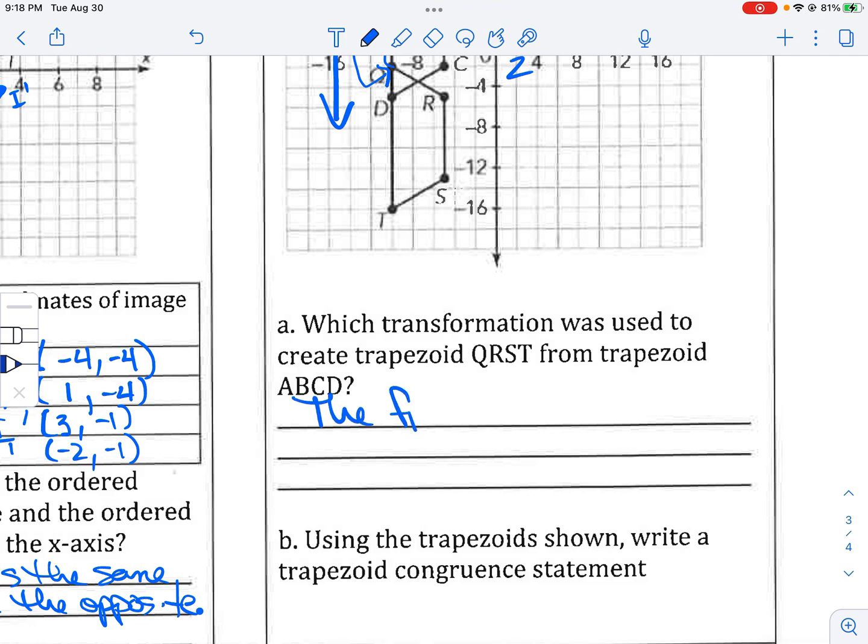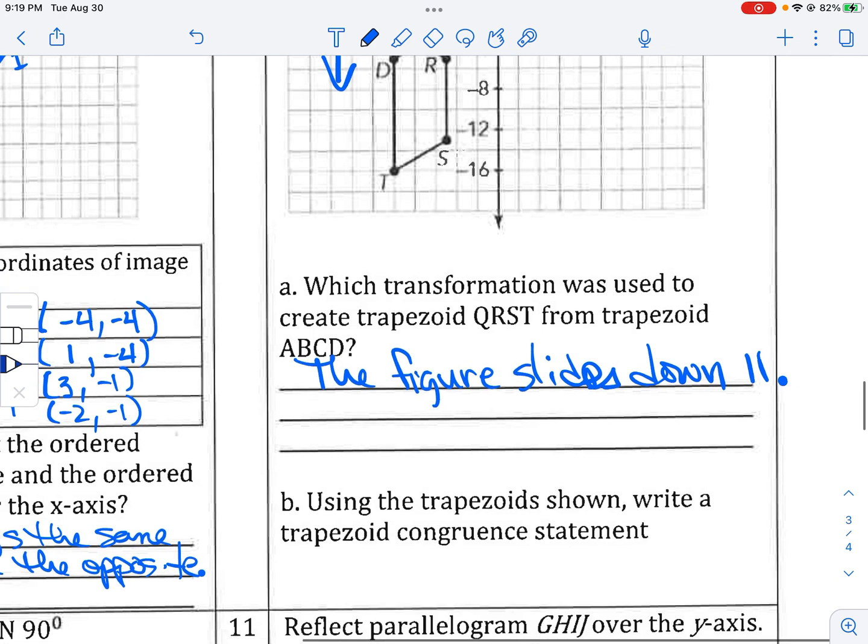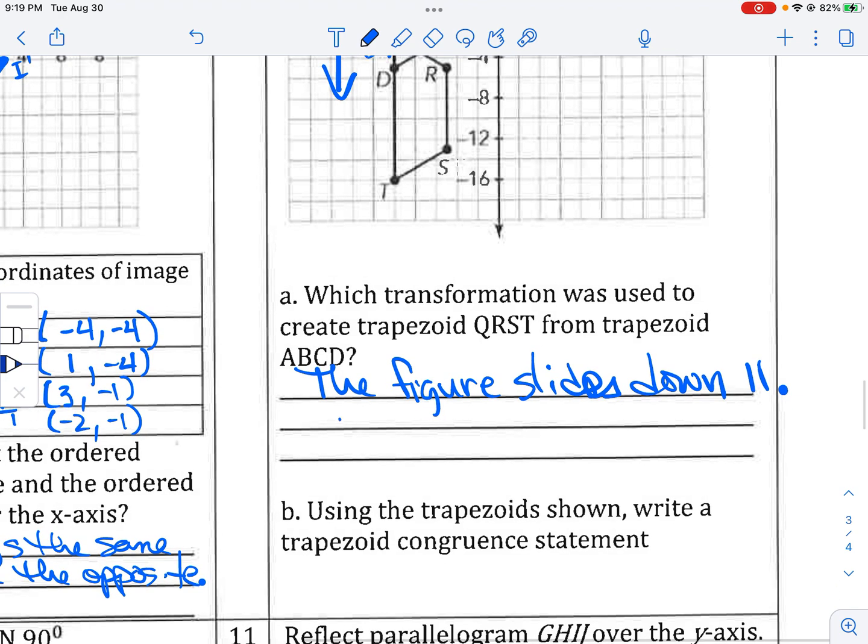The figure slides down 11. So that would be (x, y) to (x, y minus 11).